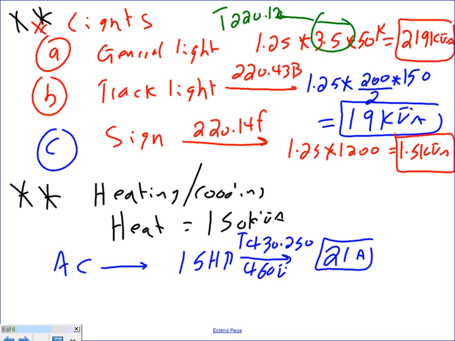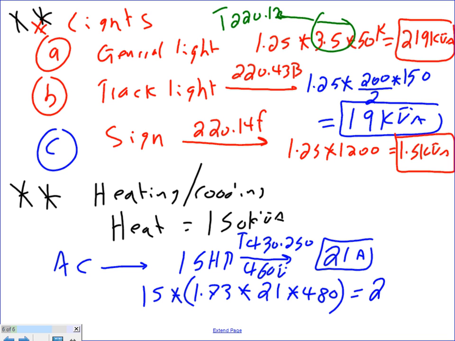Then you do your math. You're going to take 15, because there's 15 of them, multiplied by 1.73 times 21 times 480. This finds the kVA for the motor. That will get you 261 kVA.